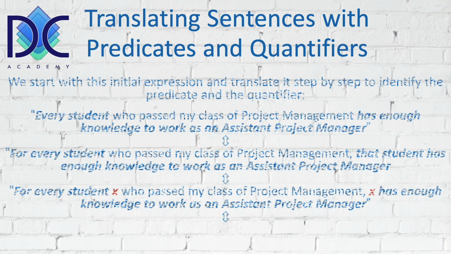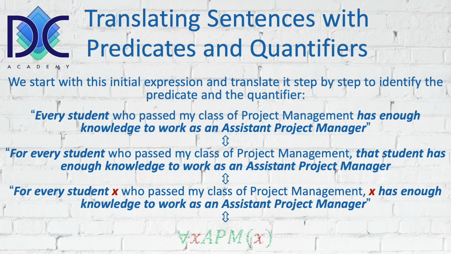Now, when we look at these elements, we can finally translate it as: for all X, the assistant project manager predicate for X is true. For all X means all the students in my class. So basically it means for the domain of all my students, indicated by X, the APM function is true. In fact, we have the universal quantifier and that predicate.